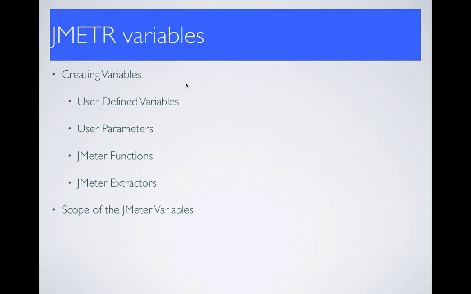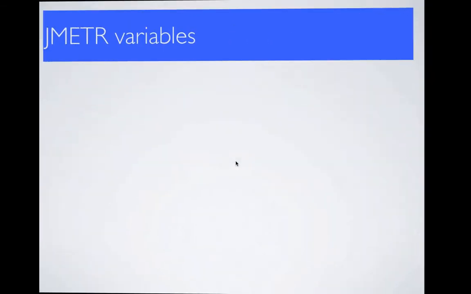And we will discuss the scope of the JMeter variables, how to view the JMeter variables at runtime using the debug sampler and debug post processor, and how to refer to the variables within your test plan components such as samplers and other components.